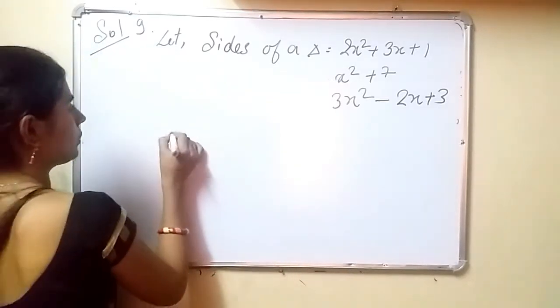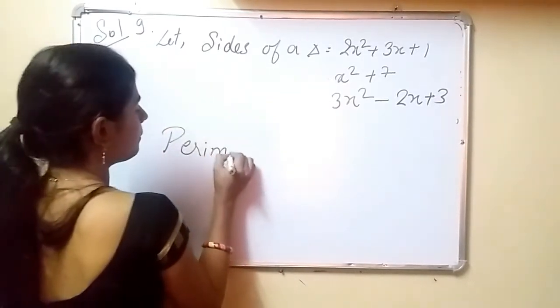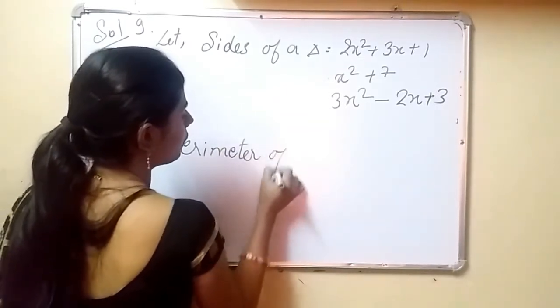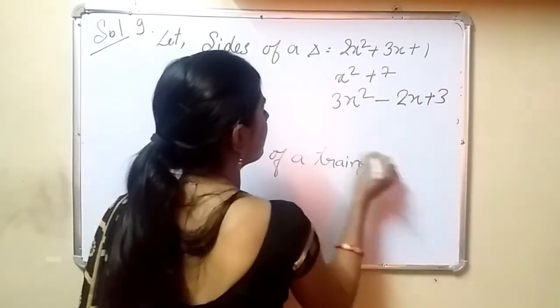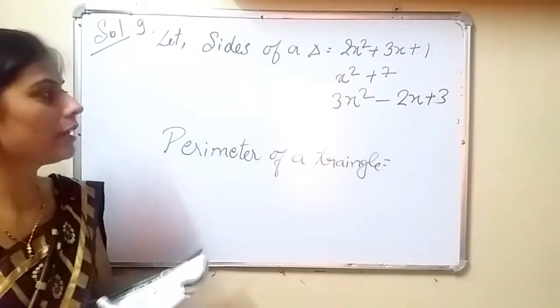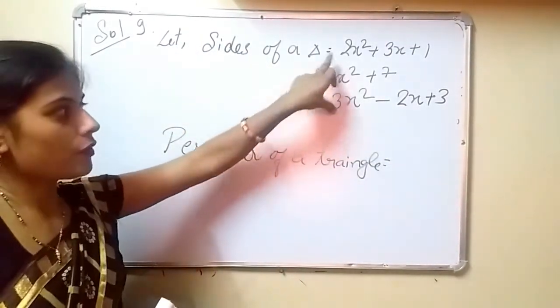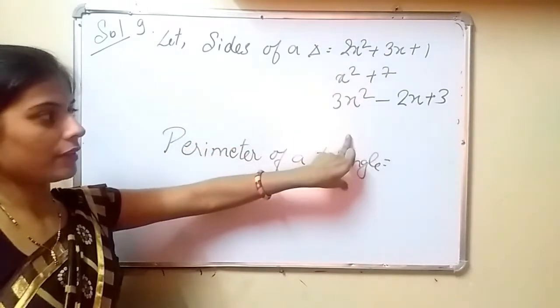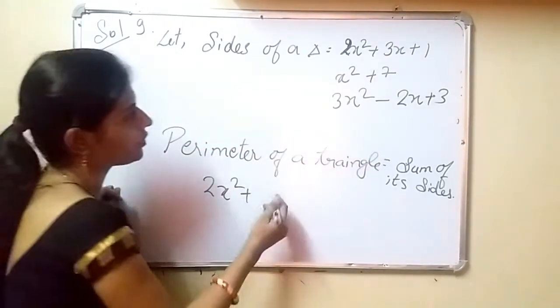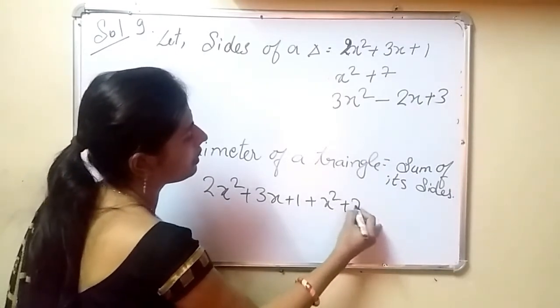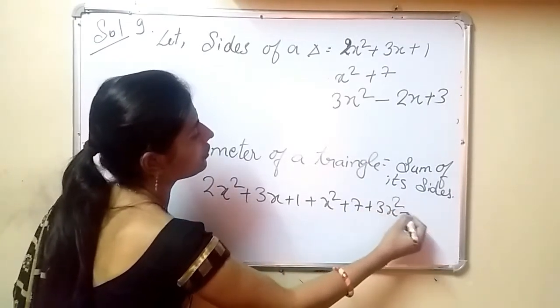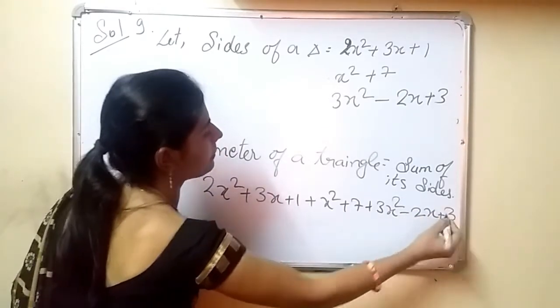So the perimeter of a triangle you have to find. See now in this question, three sides of a triangle are given. So 2x square plus 3x plus 1 plus x square plus 7 plus 3x square minus 2x plus 3.